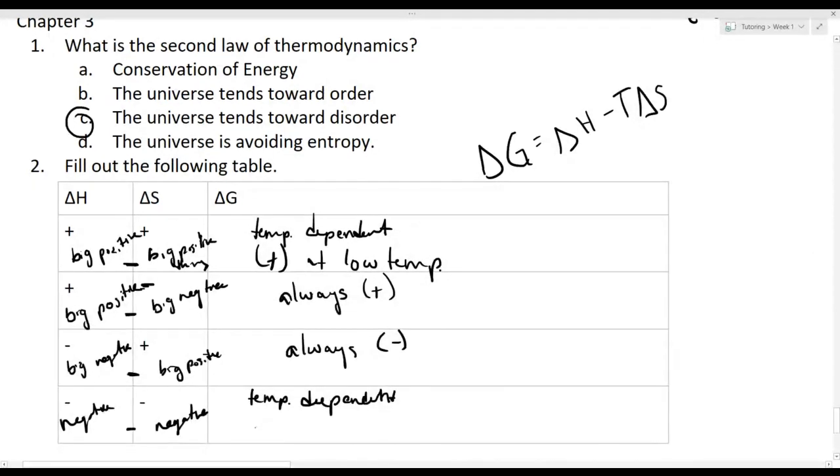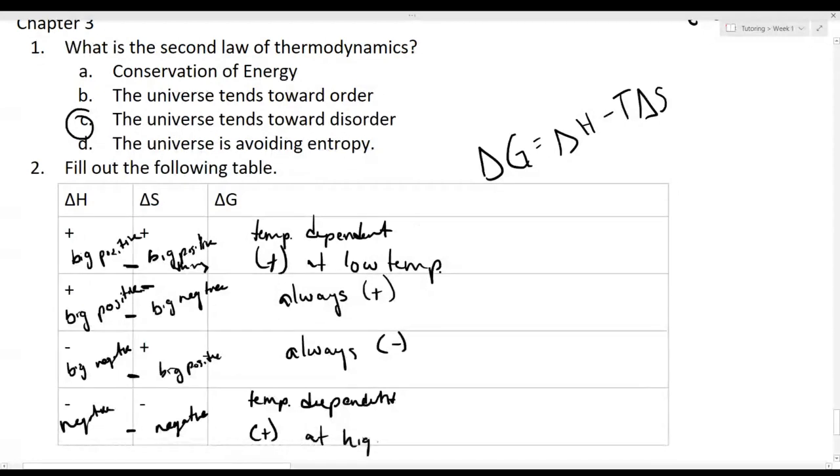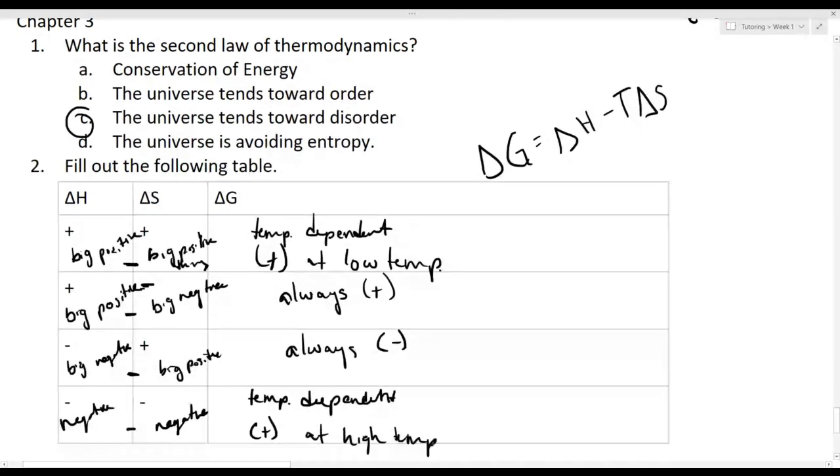It's just the opposite, so it's going to be positive at high temperatures. The reason is that at a high temperature, it's more entropy driven, or in other words, delta S plays a bigger role. Minus a negative is just like adding a positive. So as temperature increases, the significance of delta S increases, and eventually delta G will become positive because of that.